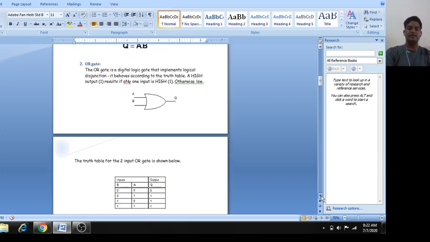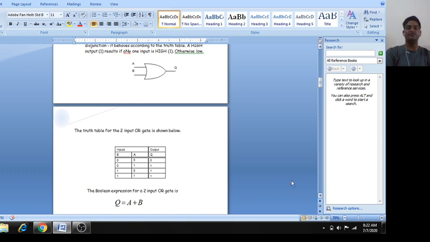And again you can see from the truth table, 0 plus 0 is 0, 0 plus 1 is 1, 1 plus 0 is 1, 1 plus 1 is 1. In a single line you can say if any one input is high, output becomes high, otherwise low. And the expression for this is A plus B.